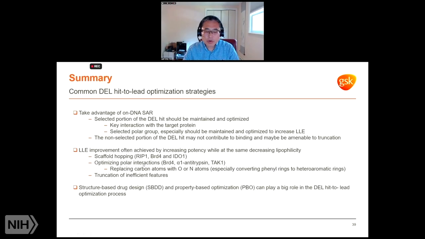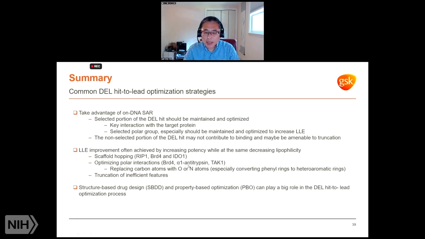There are several common techniques used very often in the DEL-derived process. For example, scaffold hopping, which is used maybe more often than in traditional MedChem. And also, there are several cases where polar interactions were optimized.